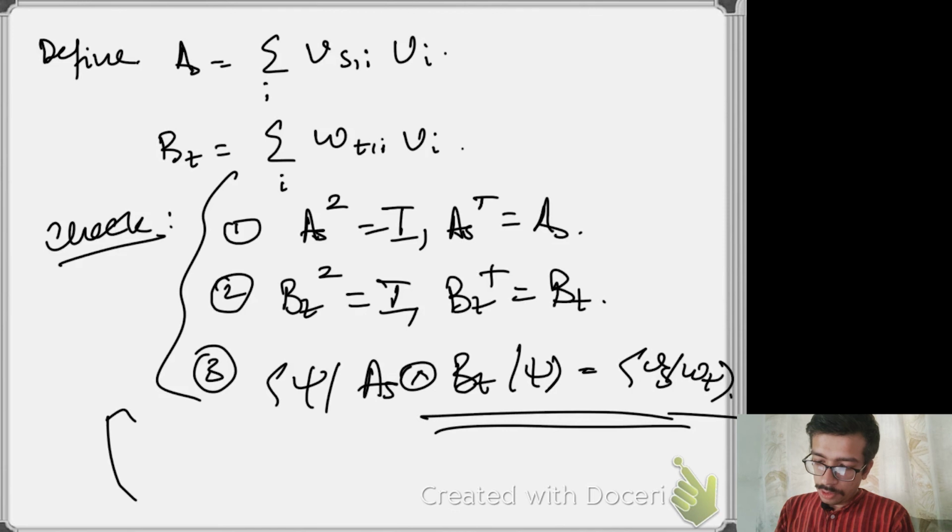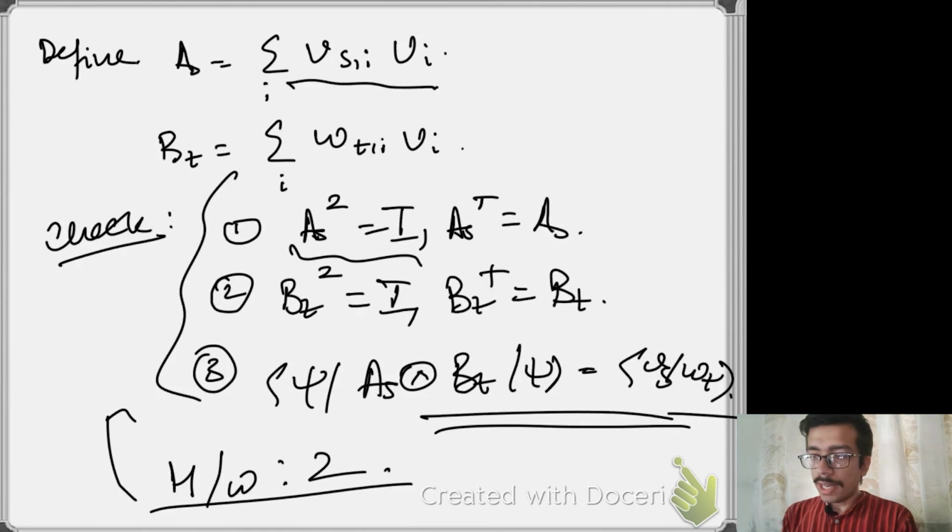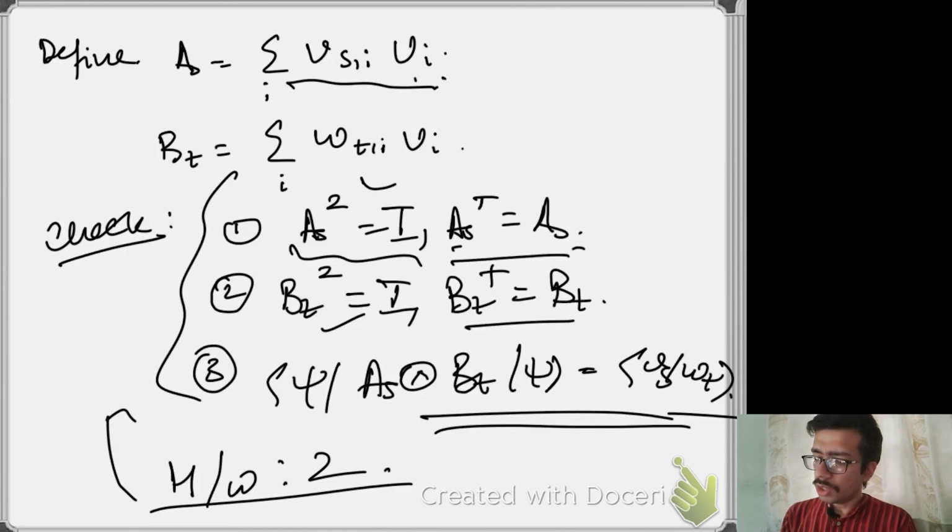So I leave this again as a homework exercise, and I can give you a hint that when you square this As, you will get ui square terms, and you will get terms of the form ui uj and uj ui. So you will need to cancel the terms which consist of ui uj plus uj ui, because we have ensured that ui's and uj's are indeed anti-commuting. So this way you will be able to prove As square equals I and Bt square equals I. Proving that they are Hermitian is quite easy.